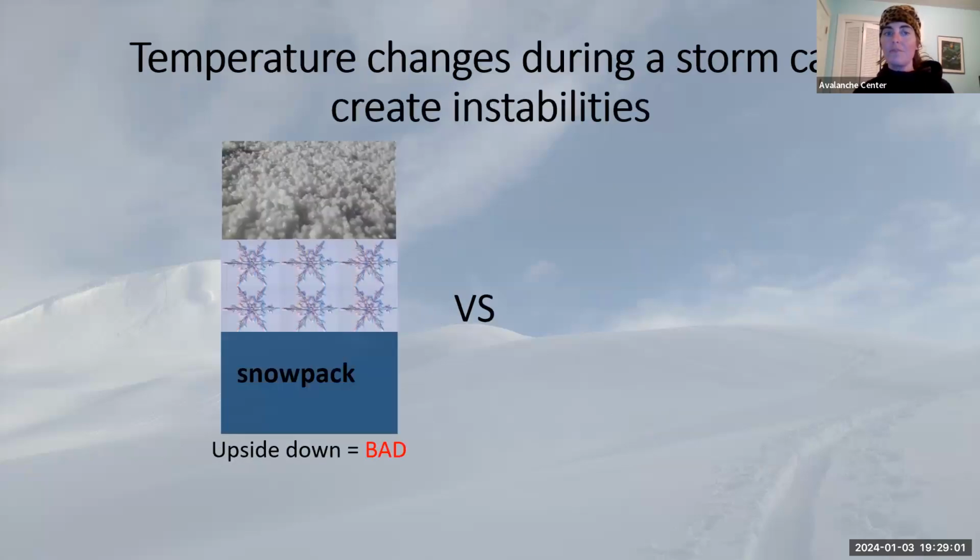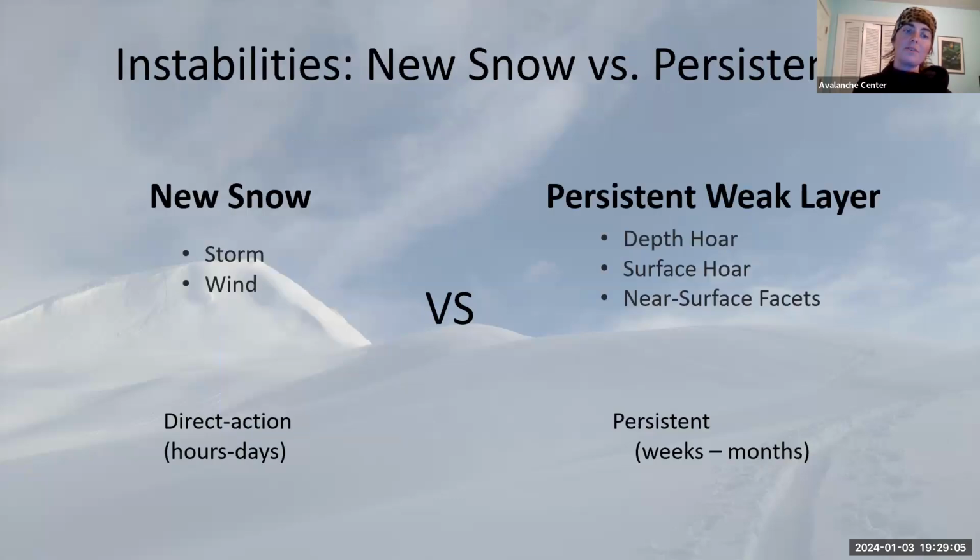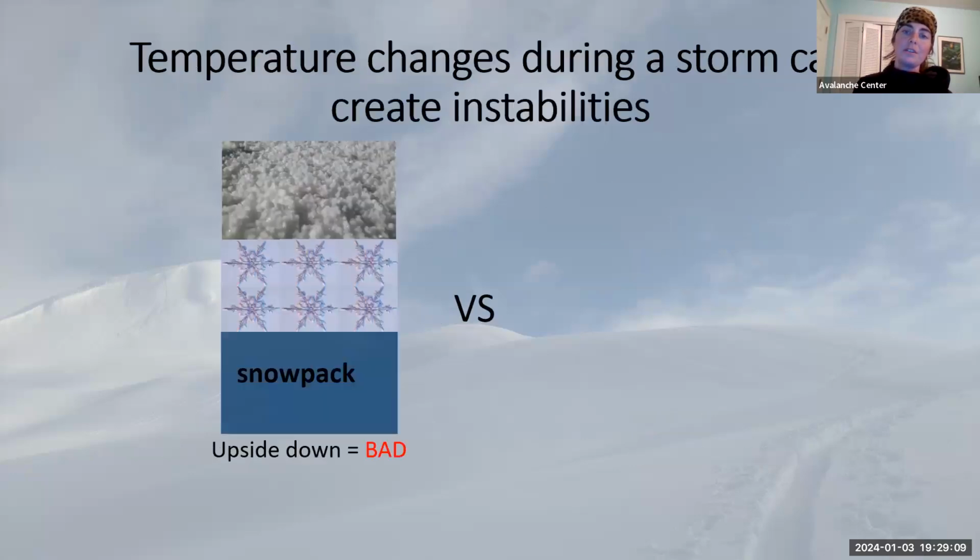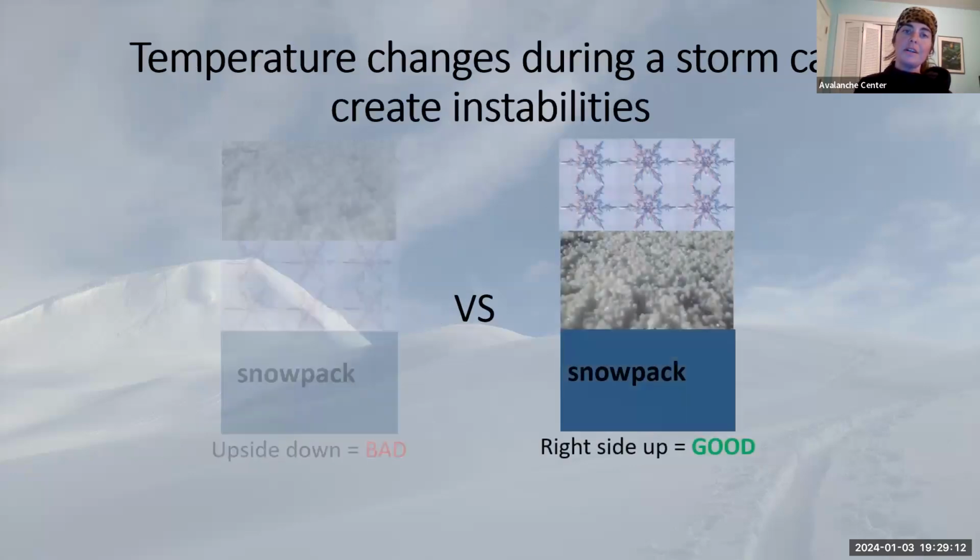I think we're going to talk, actually this goes first to talking about these direct action, but I think what's more important is perhaps the persistent weak layer conversation of how these form, what they are.